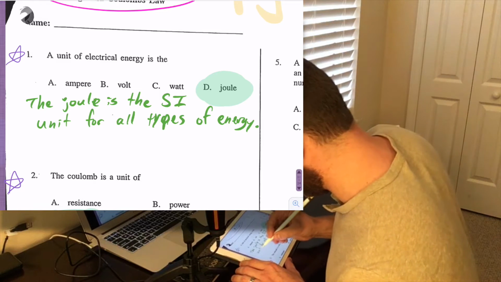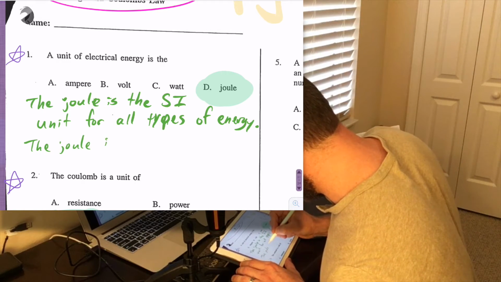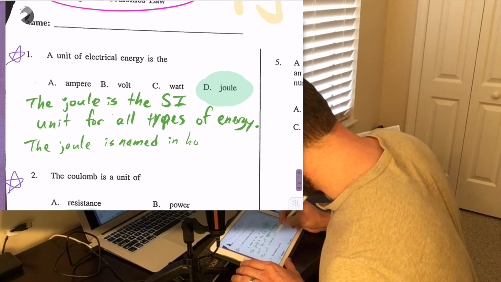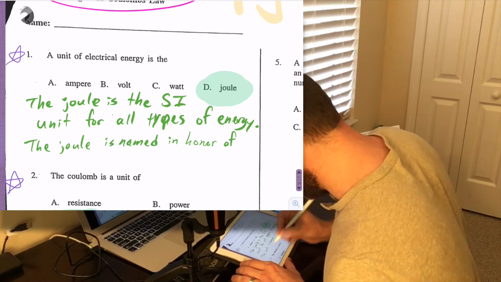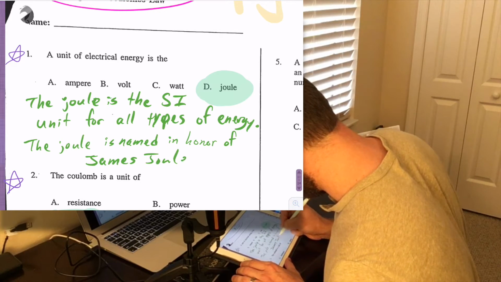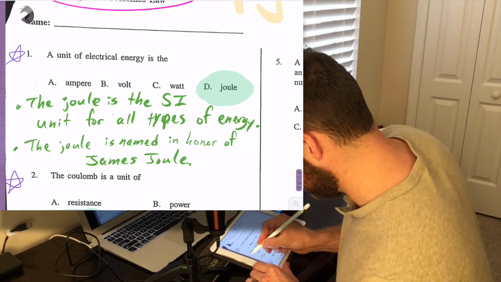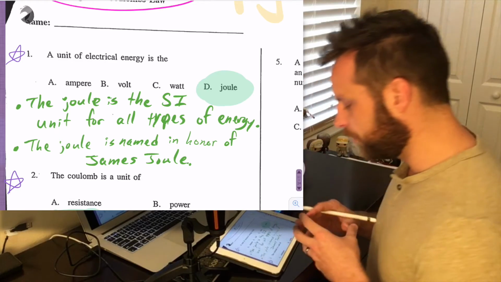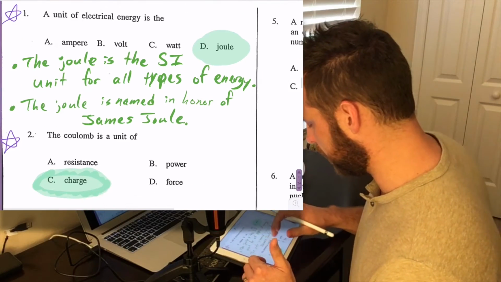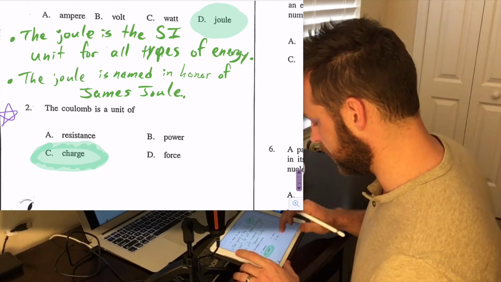And you could even say something like the joule is named in honor of James Joule. So there's an example of a couple things that you could write, just to show, you want to prove to me that you didn't just circle answers, that you actually put some thought into this, and that you have something to contribute in addition to just the answer.